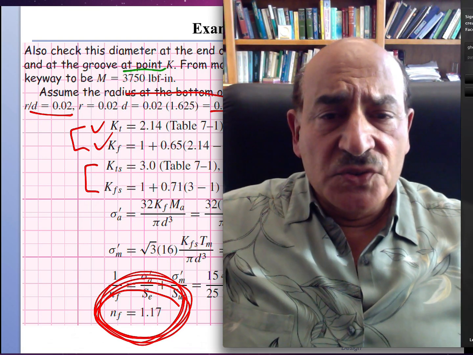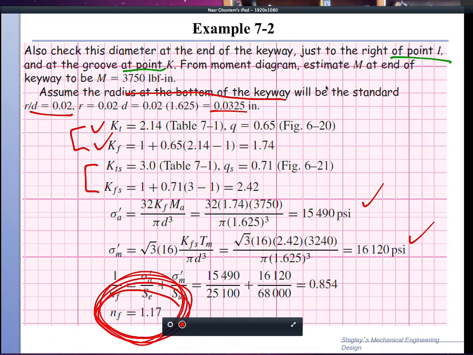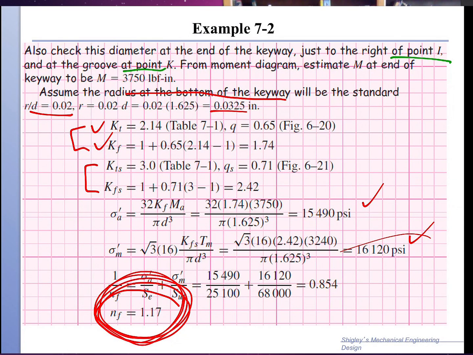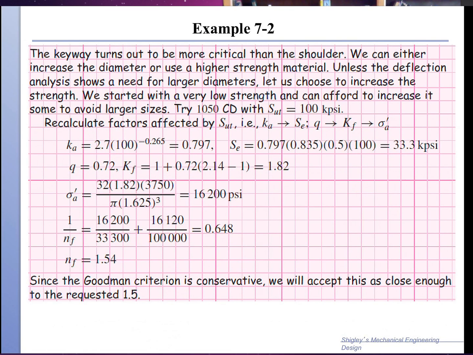So we're going to do the second option, and when we do this, we will have to choose a more expensive steel, and that more expensive steel is 1050 cold drawn. Ultimate strength is 100, and then you go through the procedure to find the endurance limit. You find it 33.3, which compared to 27, the earlier one, or 25, as we did before, is higher.